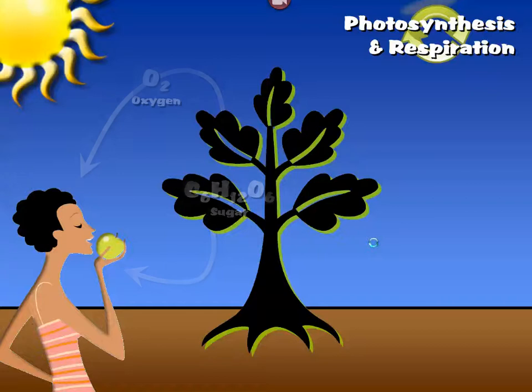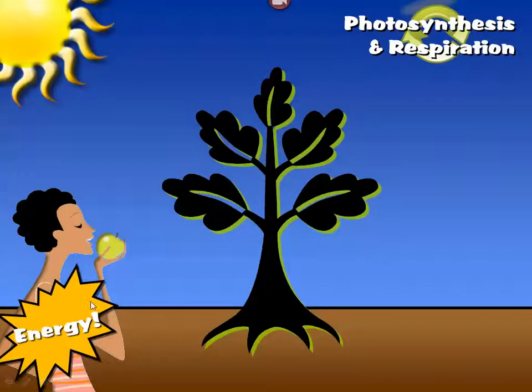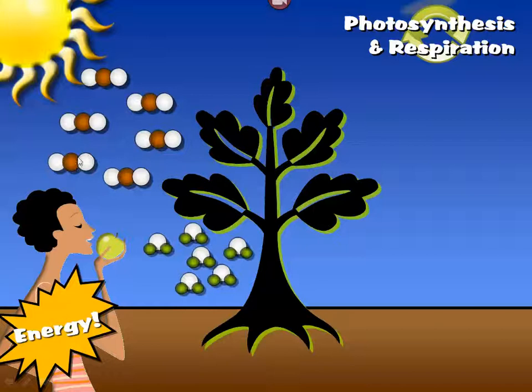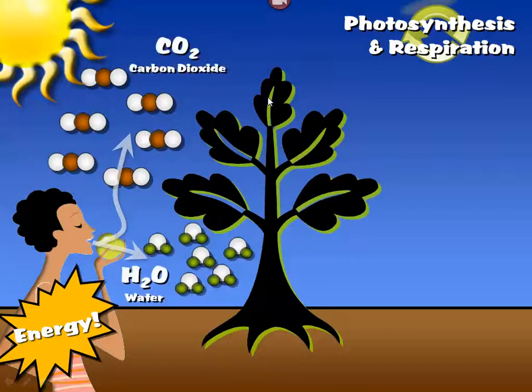And when I say it burns calories, I mean it really burns calories, and it gives you energy. And as a waste product, we give off carbon dioxide and water, which the plant can then use. It can take energy from the sun and repeat the process and grow another apple and produce more oxygen, and it goes and goes from there.